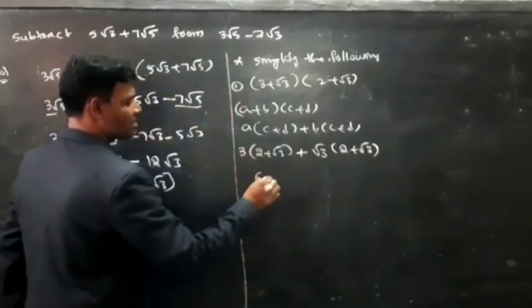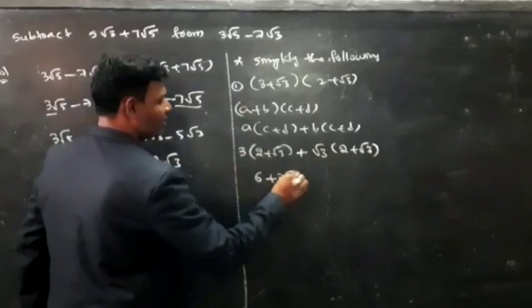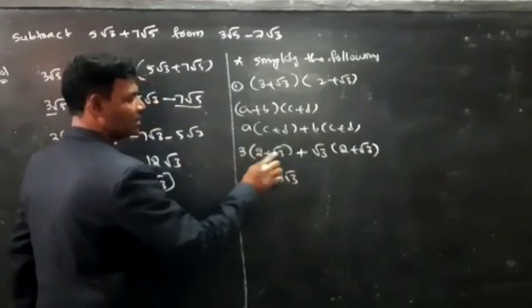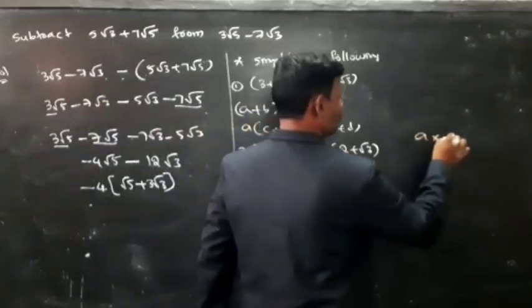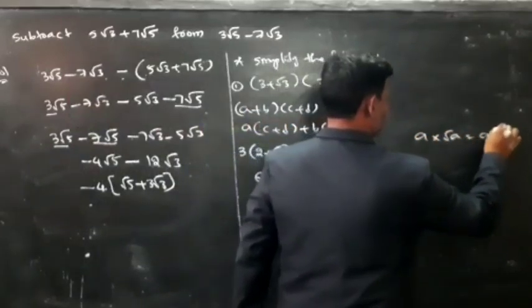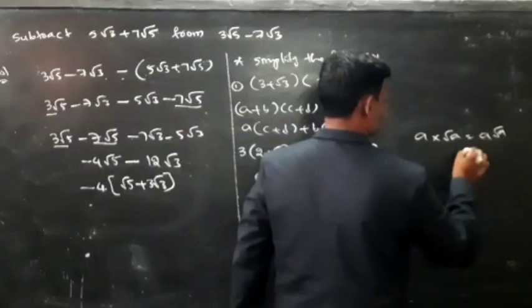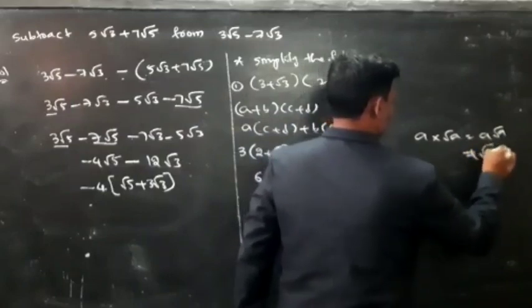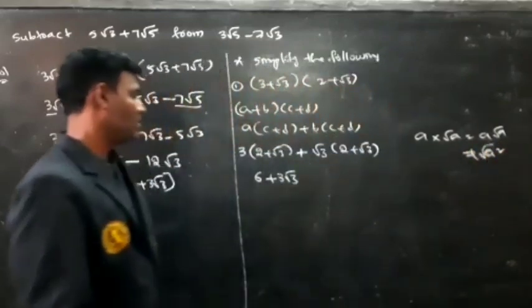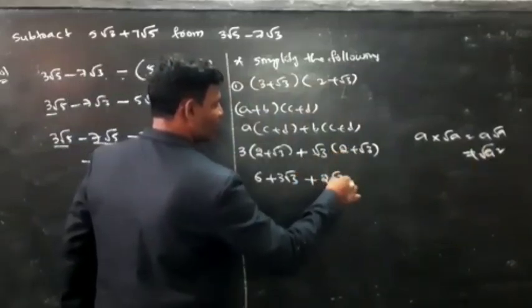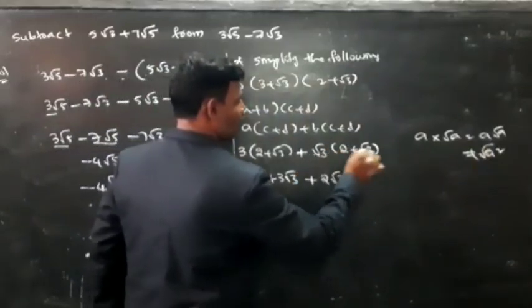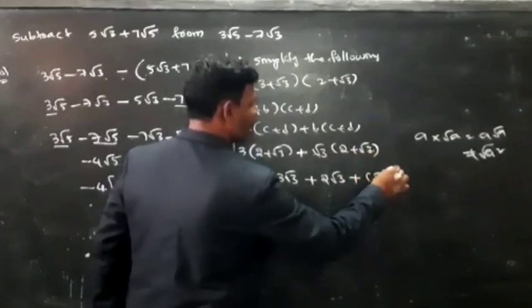3 2s are 6 plus 3 into root 3, 3 root 3. But don't write 3 3s are 9. Don't write under root of 9. Why? Because a into root a is nothing but a root a, but not under root of a square. Plus 2 into root 3, 2 root 3 plus root 3 into root 3 we can write root 3 whole square.